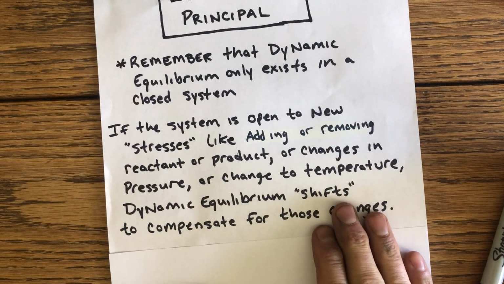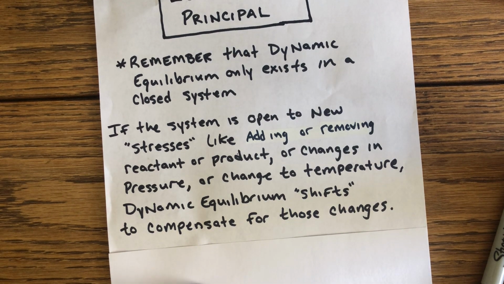Sorry about this long paragraph here, but if the system gets opened up to new, what we call stresses, those stresses include adding and removing reactants or products, or changing the amount of the chemicals present. Another stress is a change to the pressure or a change to the volume in which the reaction is taking place, or a change to the temperature that is around the reaction. That's where our thermochemistry stuff comes in.